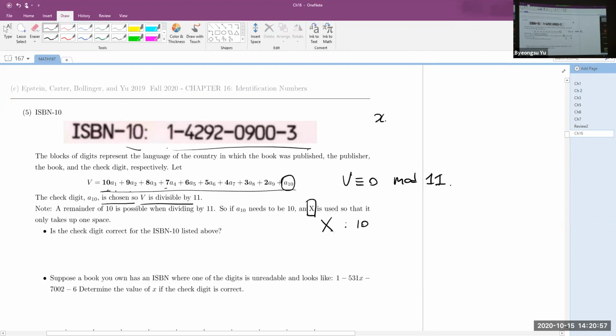So let's check whether the above ISBN 10 is valid. In this case, V is 10 times 1 plus 9 times 4 plus 8 times 2 plus 7 times 9, plus 6 times 2, 5 times 0, 4 times 9, 3 times 0, 2 times 0, plus 3.